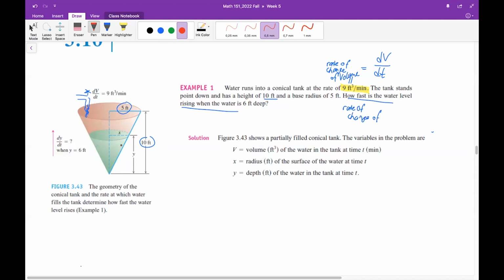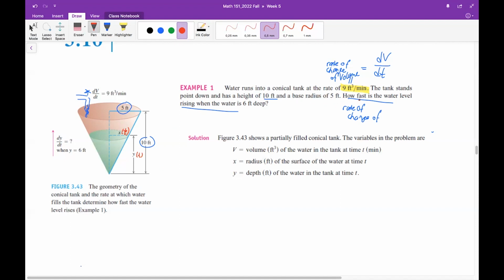But the height and the radius of the water inside the tank are changing in time, right? The Y, in fact, is a function of time, and X, which is the radius, is also a function of time. That's why for these two parts, the height and the radius, you cannot insert constant numbers, but you need to name them as variables.